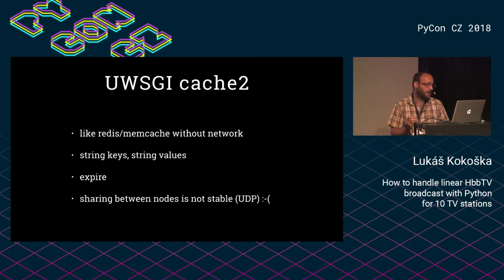You can define expire. uWSGI supports cache synchronization between nodes, but it's done via UDP. So if you have those nodes in distant networks or data centers, it's not good.